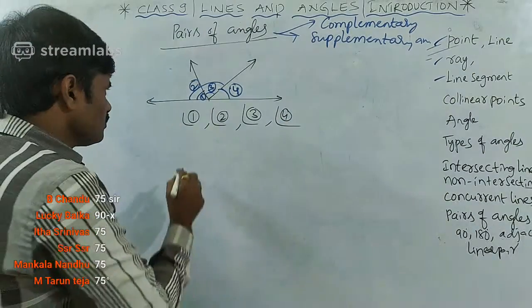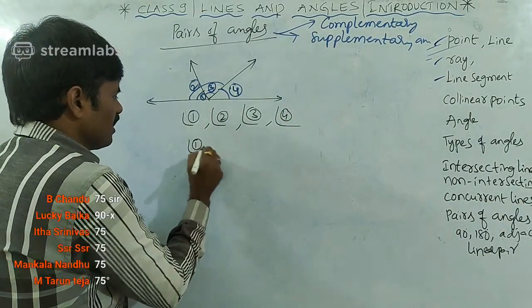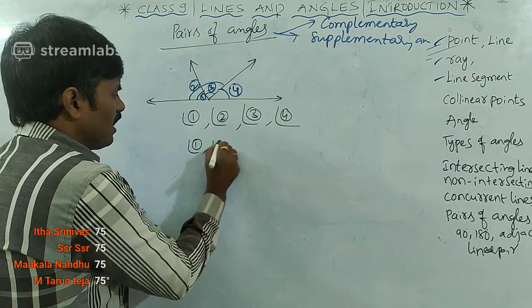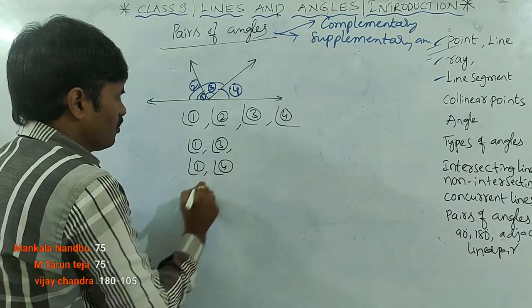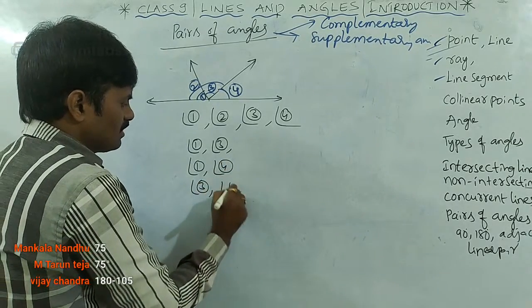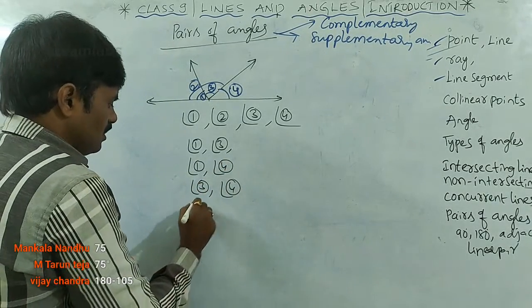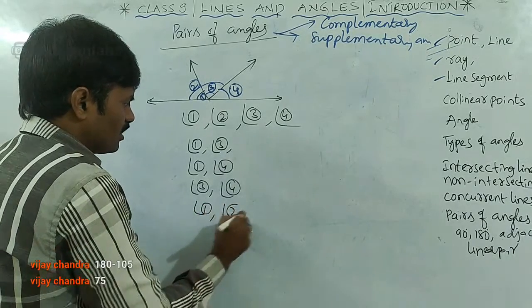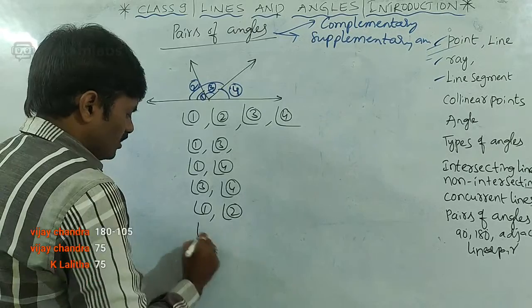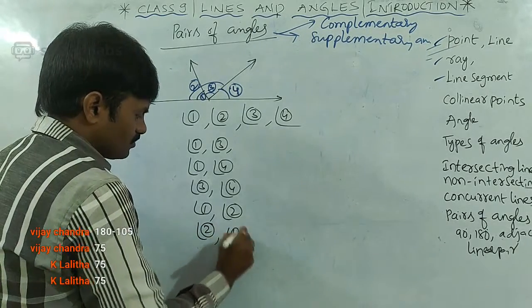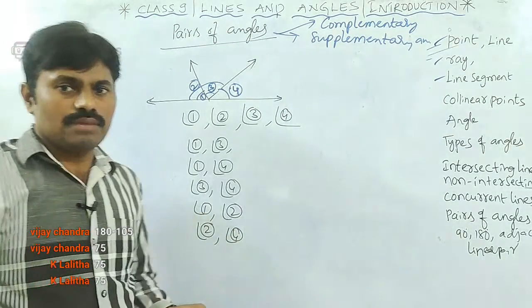In this I am writing some pairs here. Angle 1, angle 3; angle 1, angle 4; angle 3, angle 4; angle 1, angle 2; and angle 2, angle 4. What do you call these types of angles?